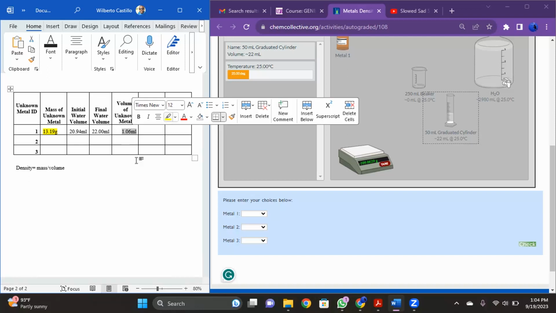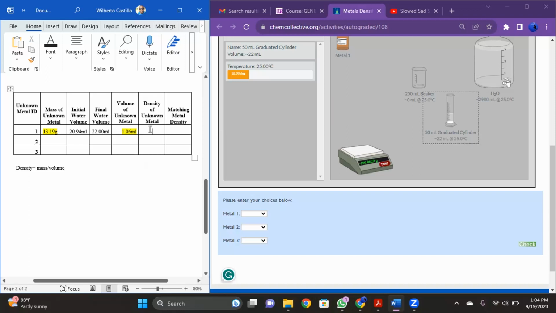Now let's calculate the density, which would be the mass, 13.19, and we're gonna divide that by the volume, which is 1.06, and that's gonna give us a density of 12.44 per cubic centimeter.